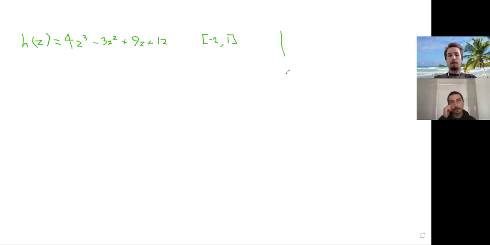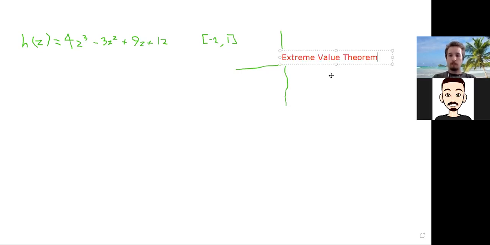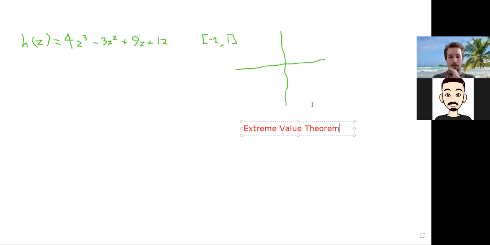And so what you have to remember, the trick with EVT, let me just write it. Extreme value theorem. The trick with extreme value theorem is you just have to look at it. It says extreme value, right? So we are looking for the extremes, either the min or the max.